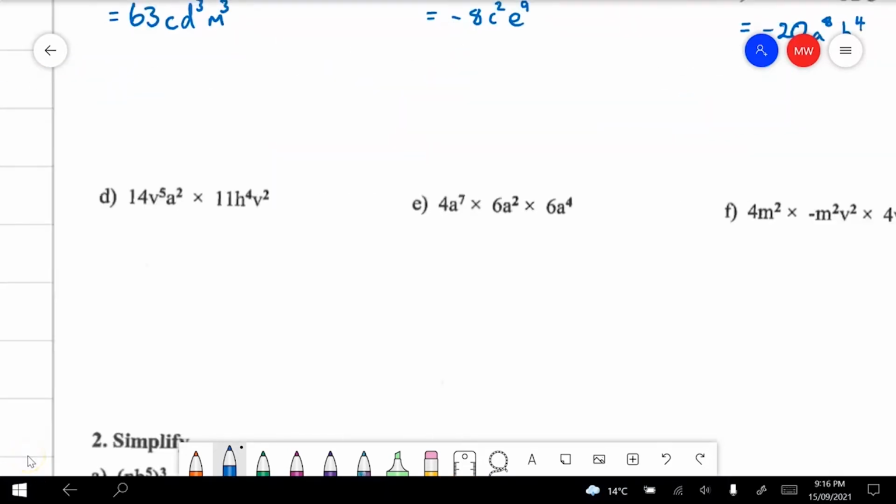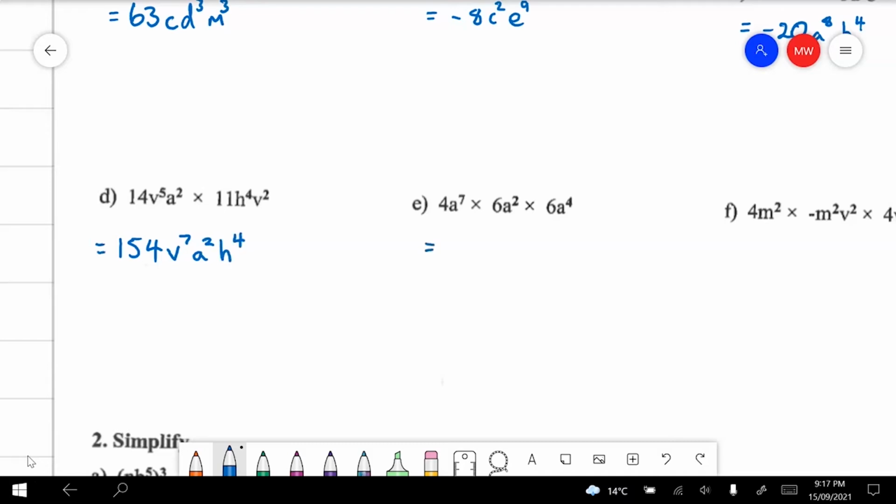Question D, I've got 14 times 11, so I've got 154. And then I've got V to the 5 and V to the 2, which is going to make V to the 7. I've got A to the 2, so that'll just stay as A to the 2. And then I've got H to the 4, which will remain the same as well.